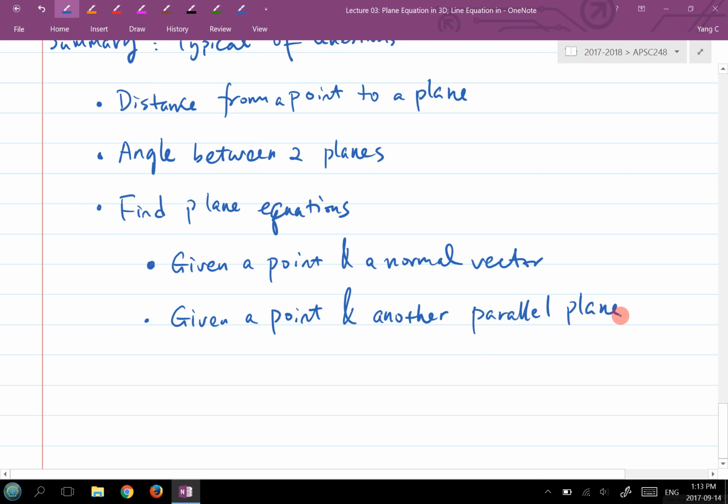So I have a point on the plane, and I have a plane given that is parallel to the one we're looking for. How would I construct the plane equation? This is actually the same as the first scenario. You can get a normal vector from the parallel plane and use that to construct your plane equation.